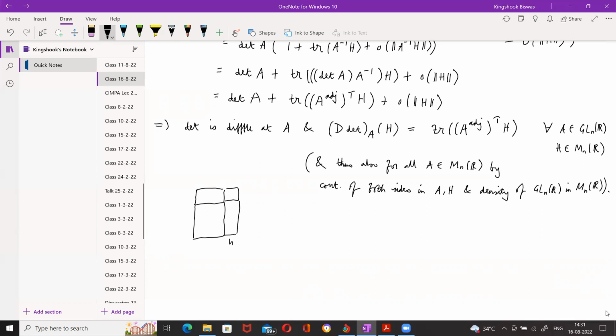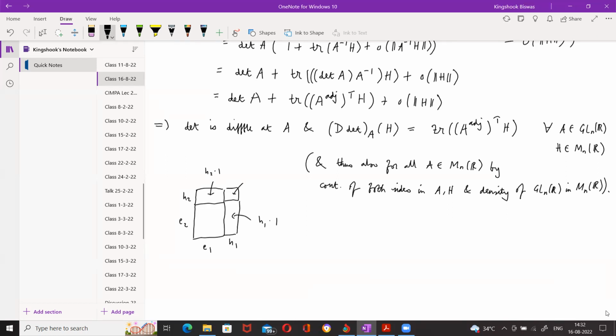If this is h_1 and this is h_2, and this is e_1 and e_2, then this area is h_1 times 1, and this area is h_2 times 1, sorry.